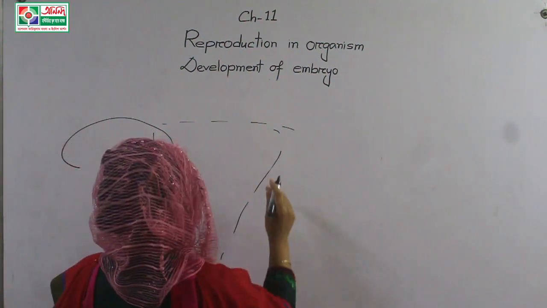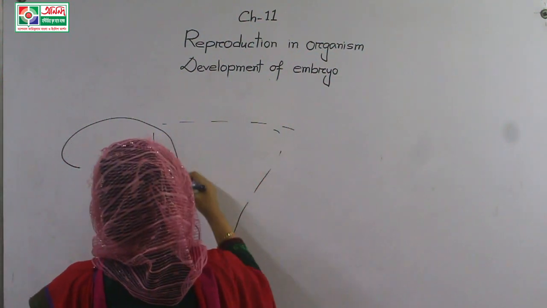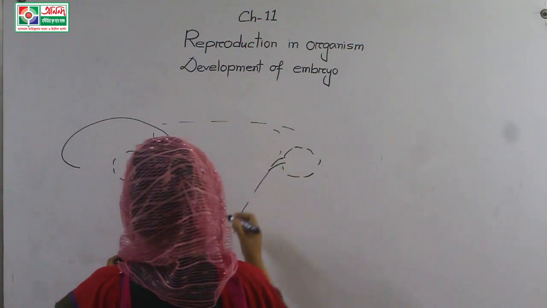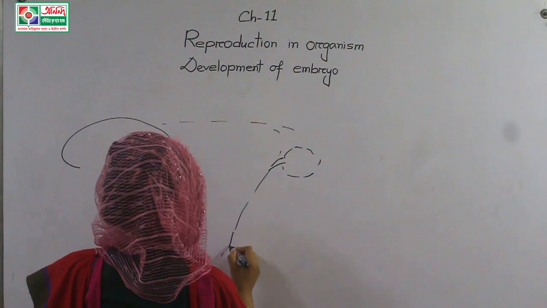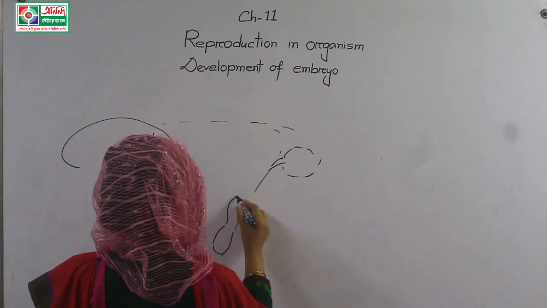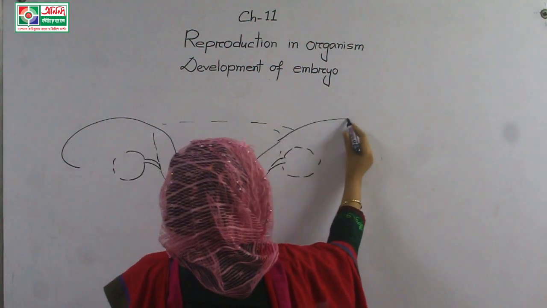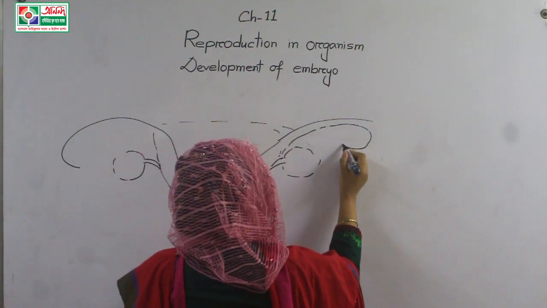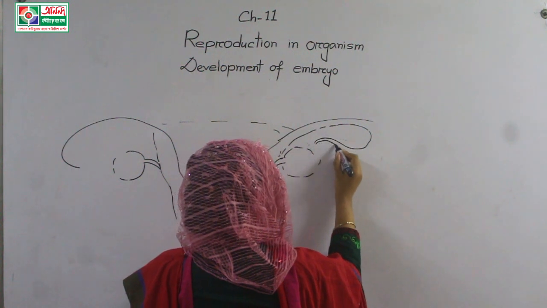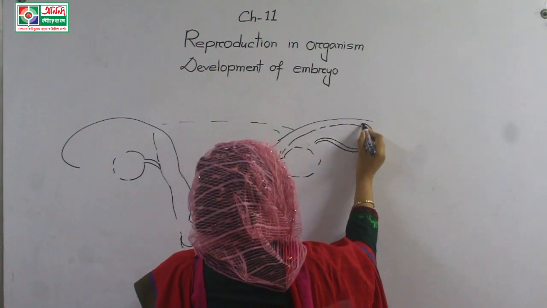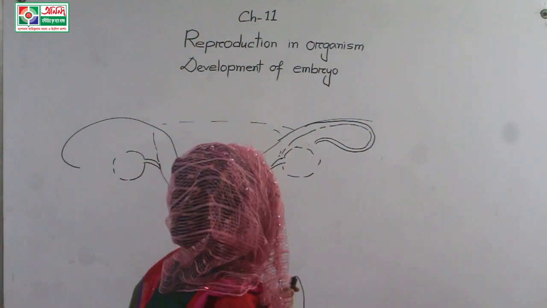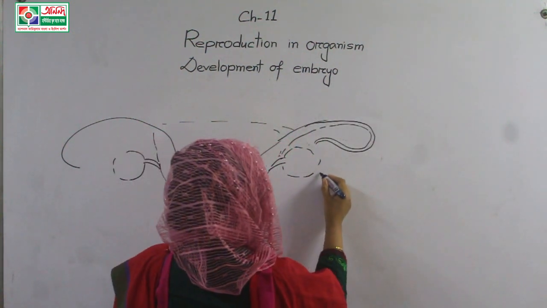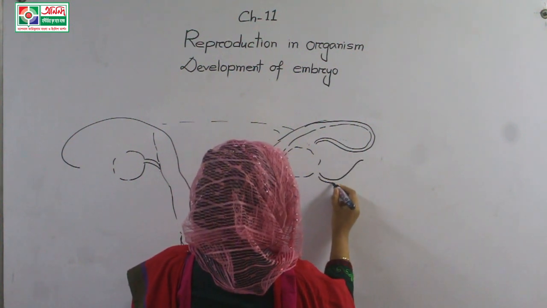This is the ovary. Here is also another ovary. Now I am trying to draw the fimbriae, finger-like structures here.